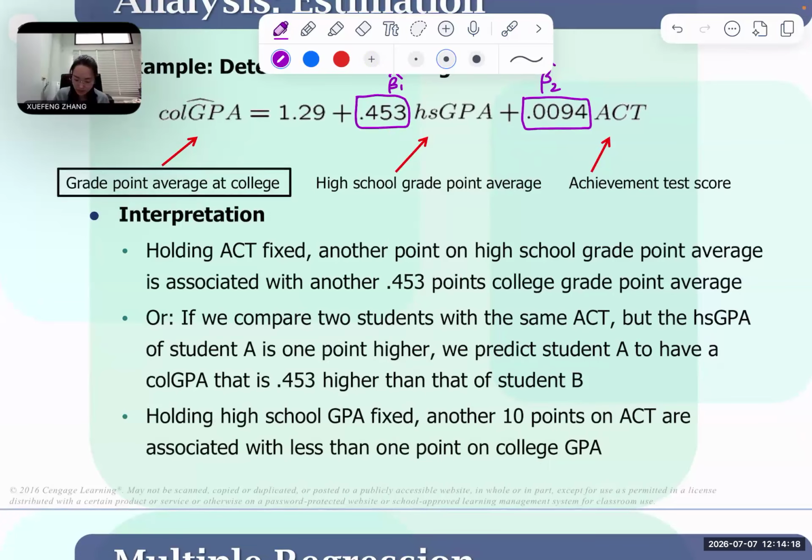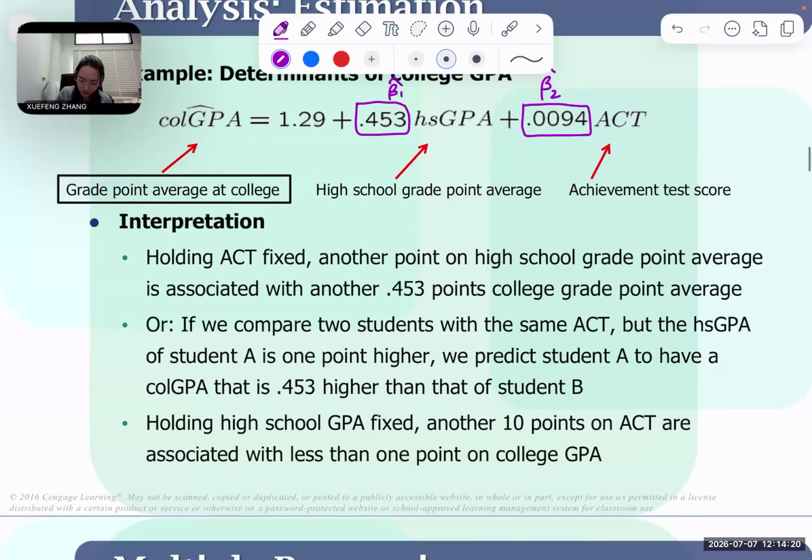So this one is about how to interpret beta 1 hat. And here is for beta 2 hat.